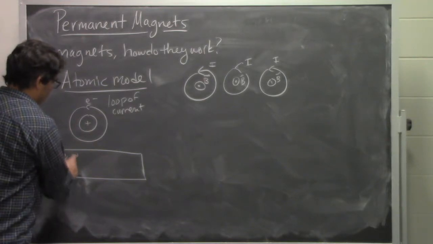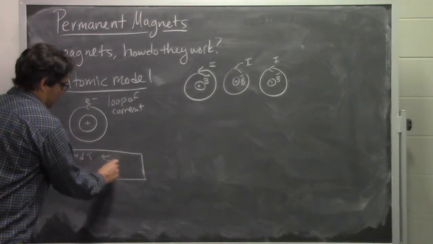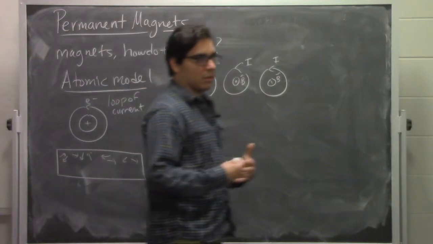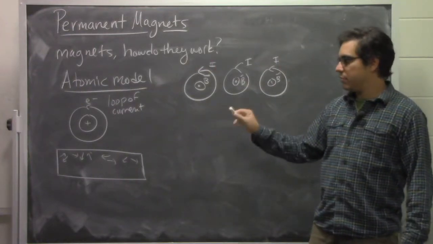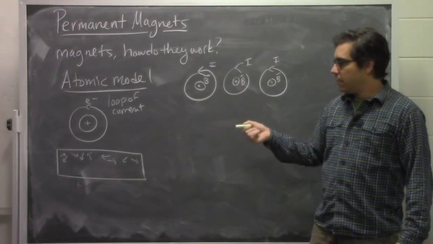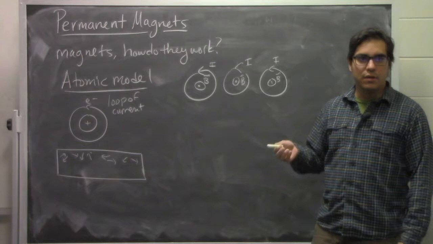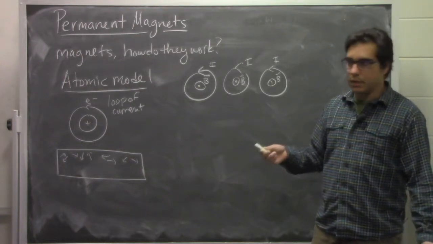And there might be one over here that points like this, and one that points down, and one that points up, and so forth. So that essentially when you look over a macroscopic distance, like this chalk, being about 2 or 3 centimeters long, there's no coherence. There's no collection of material that has a magnetic domain that is that big.